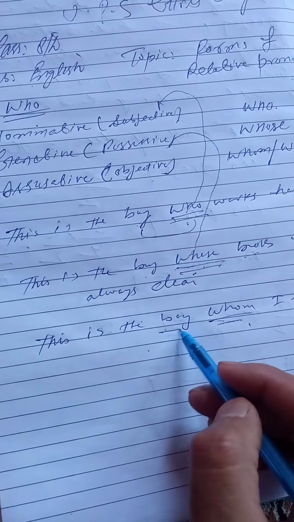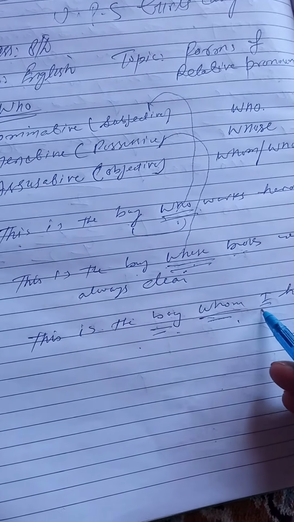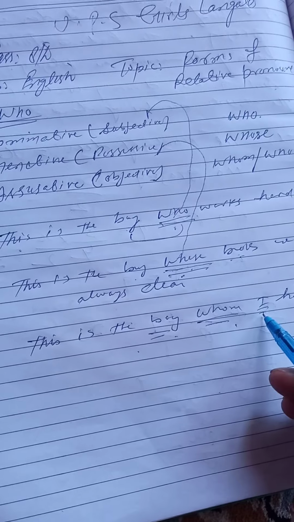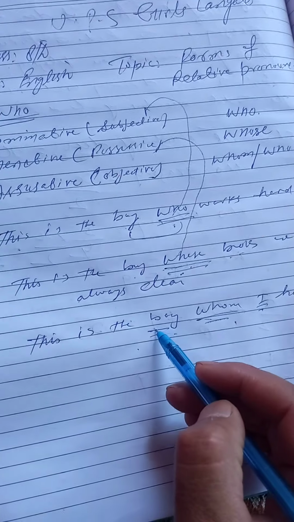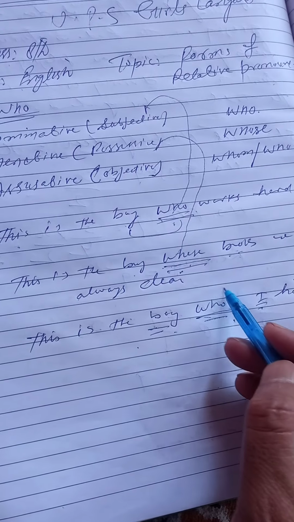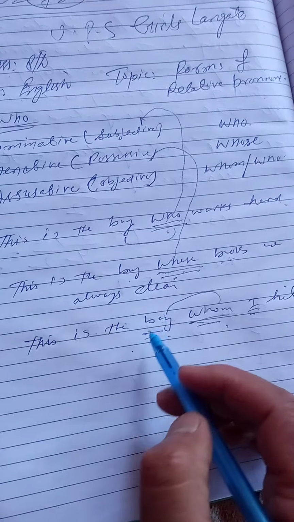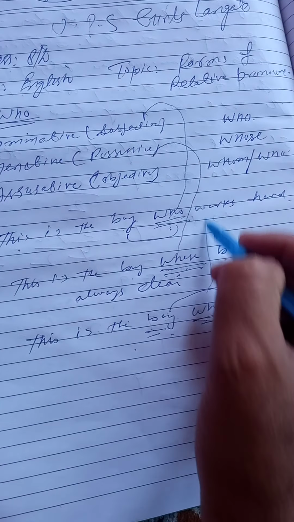So here, boy is the object of the verb. I means me, because I hit him, I'm the subject. But the boy is the object. Why? Because he was hit. So whom is used instead of this boy, who is the object of the verb.